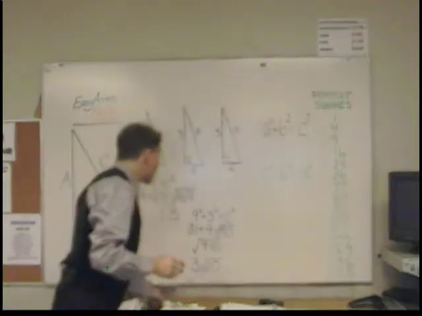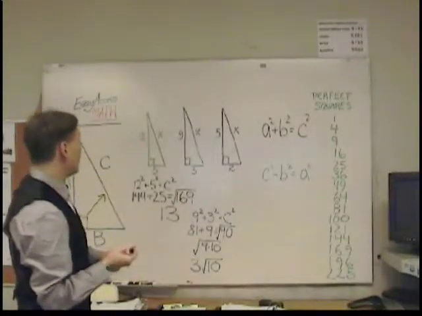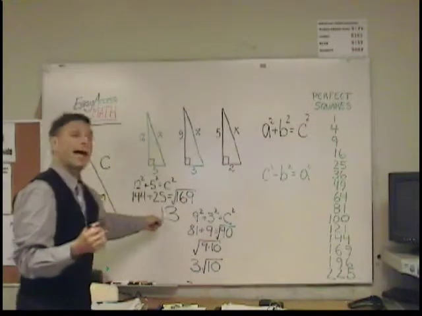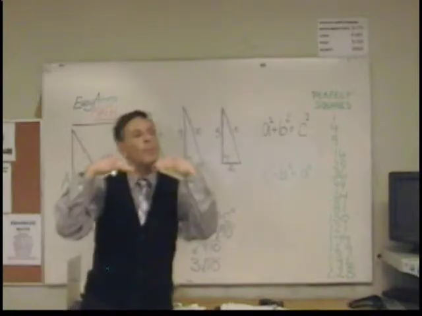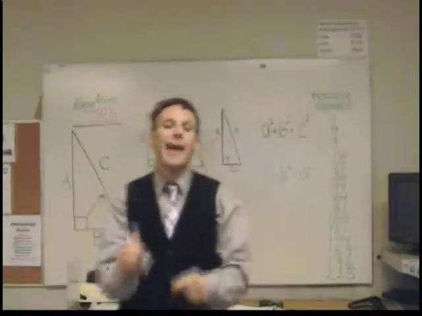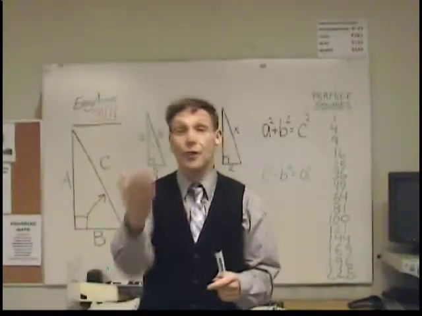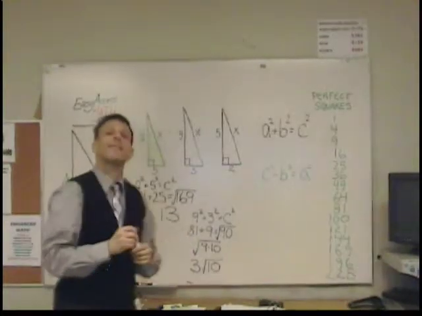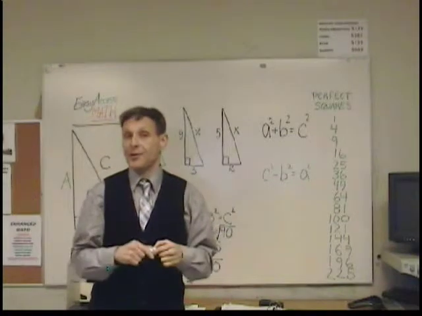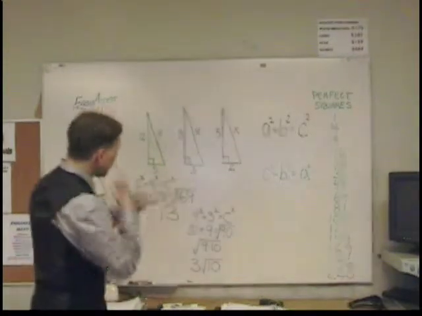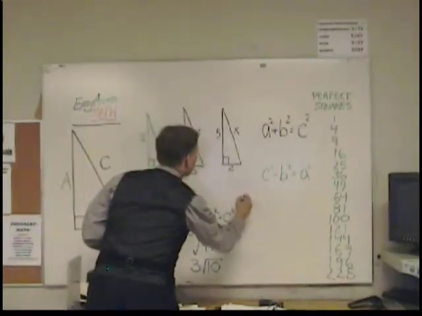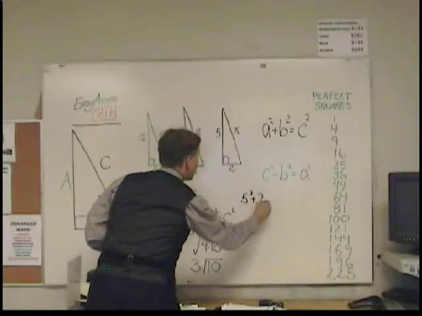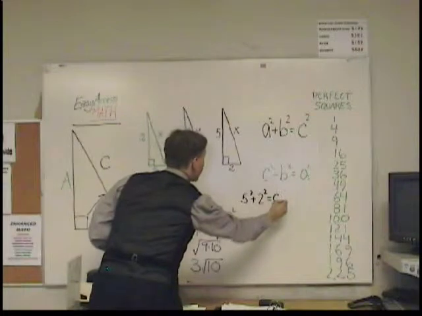Now let's take a look at this last one. Remember here I was able to have an answer that broke down to a perfect square number. You didn't even have to simplify. It was a perfect square. Here you had to simplify using the simplifying of radicals technique. Let's take a look at this last one. I have 5 squared plus 2 squared equals c squared.